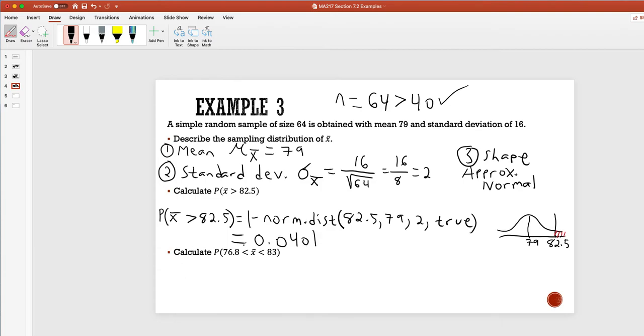0.0401. Then for the probability between 76.8 and 83, just to give myself more room, I'll write that down here. So that was a mean of 79. 76.8 would be about here-ish.